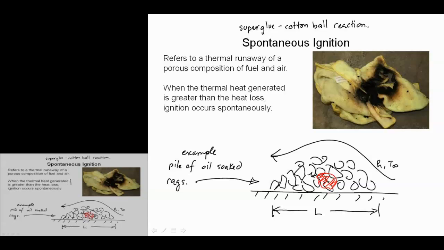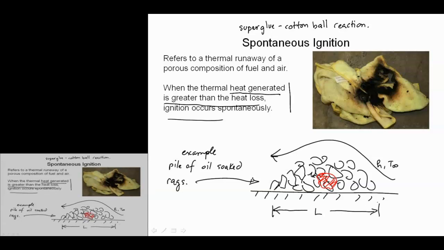With all ignition processes, the heat generated is greater than the heat loss, and that's what causes ignition to occur. The way to characterize it is in terms of heat transfer concepts.